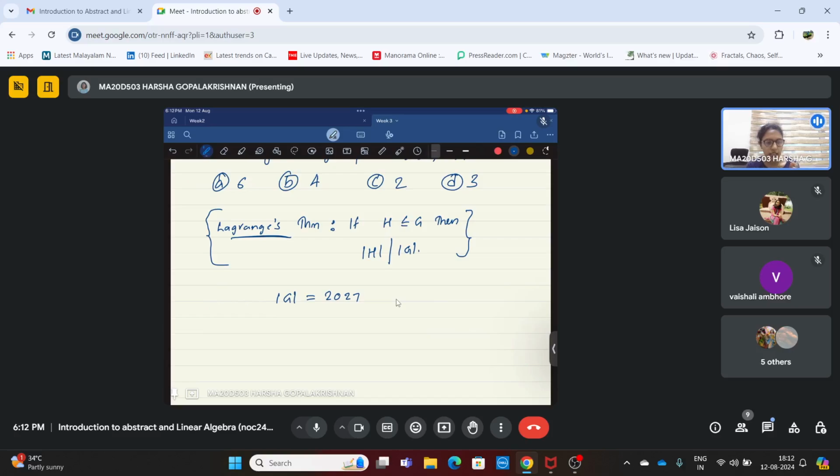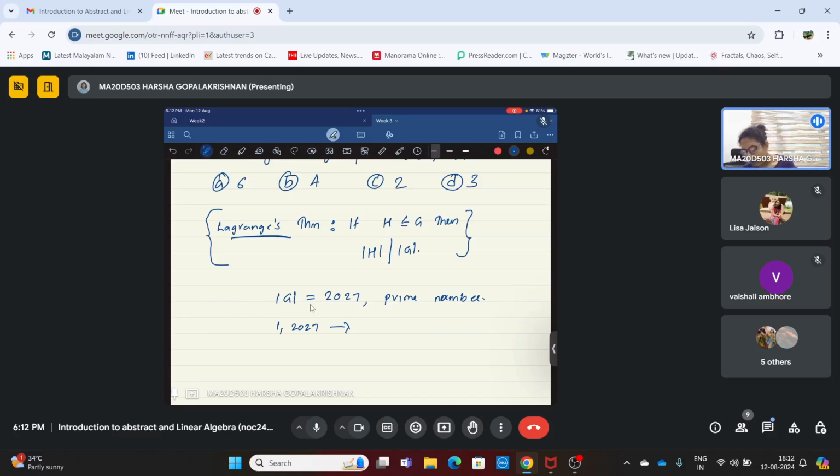If H is a subgroup, then its cardinality divides the cardinality of G. But 2027 is a prime number. So how many possible divisors are there? Two, because 1 is a divisor and 2027. These are the possible cardinalities for the subgroup H.